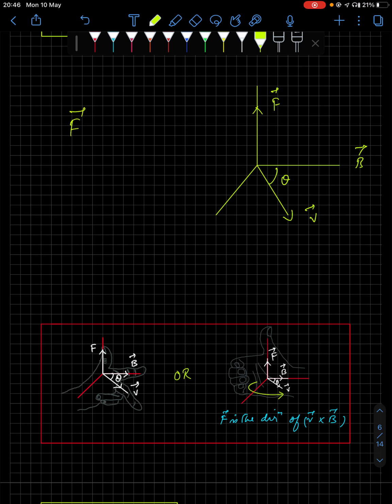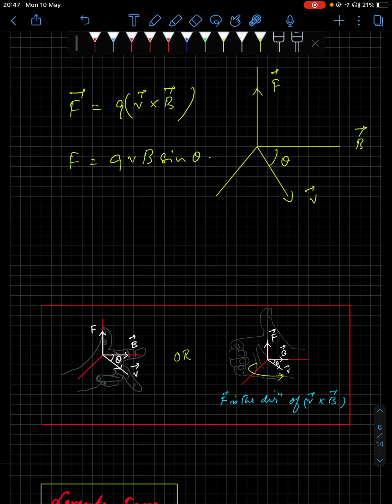The relation for magnetic force is F = q V cross B in vector form, and this becomes F = qVB sin theta. While applying the right-hand rule, you have to go from the V vector to the B vector. This is quite similar to determining the direction of the cross product for A vector cross B vector, if you remember.